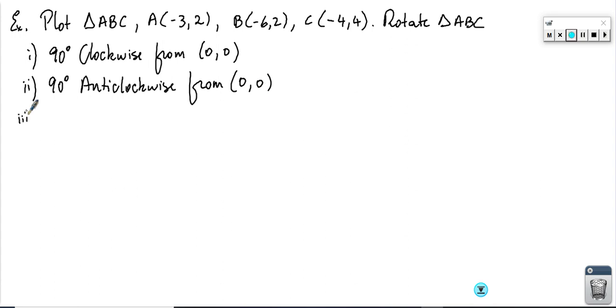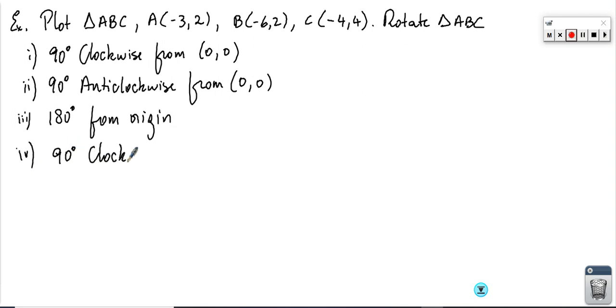Number 3, by 180 degrees from the origin, meaning from the point 0, 0. Number 4, by 90 degrees clockwise, but this time from the point -1, -1.